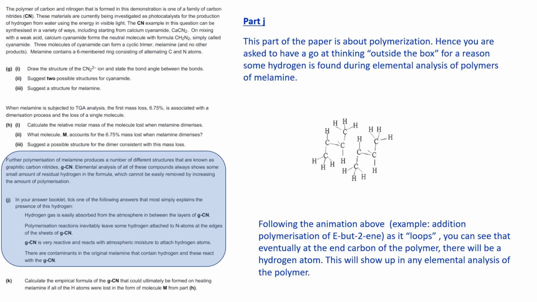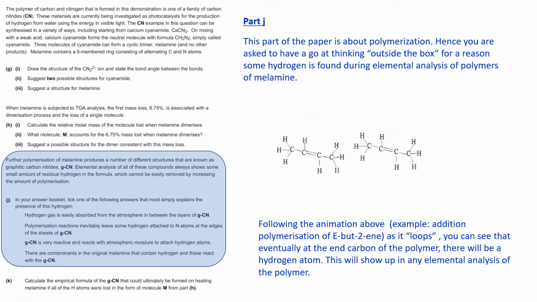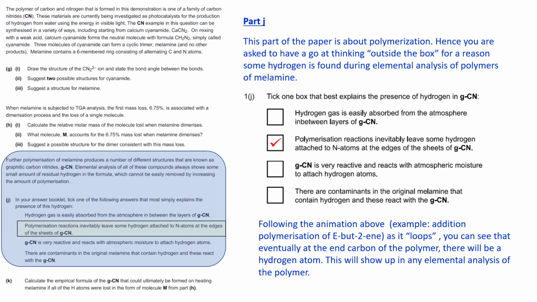When the animation finishes looping, like it's about to do, you'll see that at the very end of the polymer chain, you're going to have a hydrogen atom. So the hydrogen atoms at the very end, or the very edges of the sheet, is what is going to be picked up by the elemental analysis. So they want that particular statement ticked on the answer booklet.